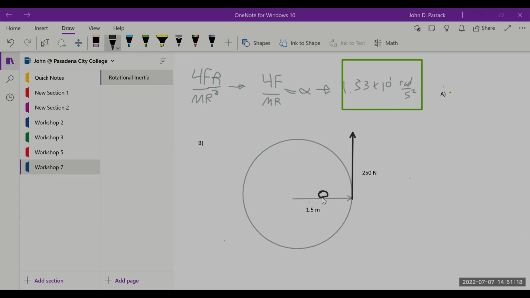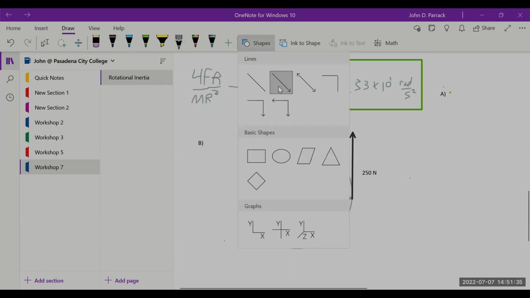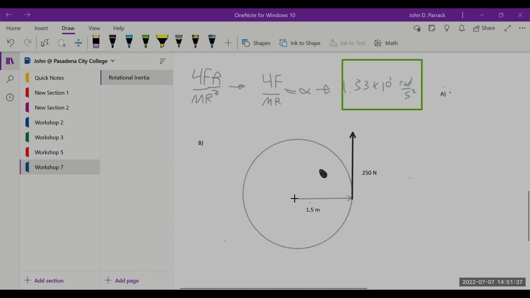Probably the whole point of doing the push. Maybe they're sitting a little further towards the edge. They grabbed onto one of the bars. They're about there. Let's go ahead and I'll put them right here. So this is our child. Now the child is sitting 1.25 meters from the center.